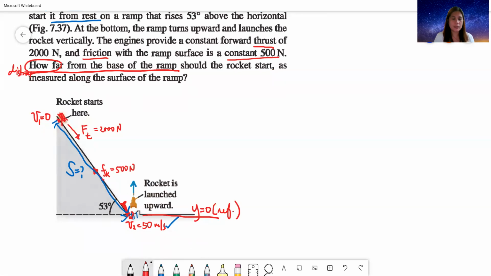So that immediately you can remind yourself that from this point to this point, this is initial height 1. We'll call this angle 53 as theta. Okay? Therefore, at the bottom of the ramp, that is where the height is 0 at point 2. Tama ba?